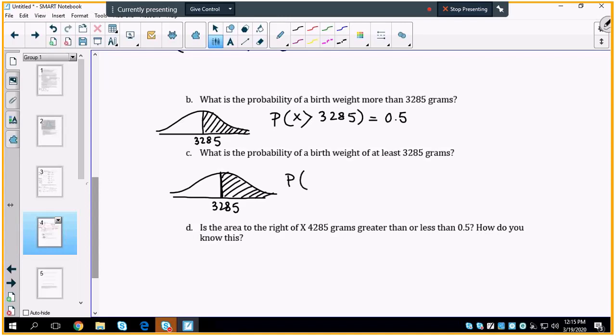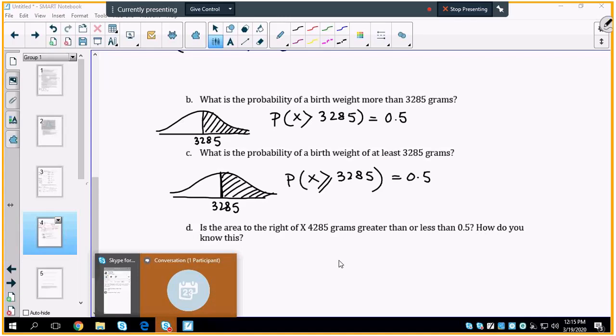Probability X is greater than or equal to 3285 grams. As you can imagine, that doesn't change anything. Greater than, or greater than and equal to, for a continuous random variable does not change any information. So I have both probabilities at 0.5.